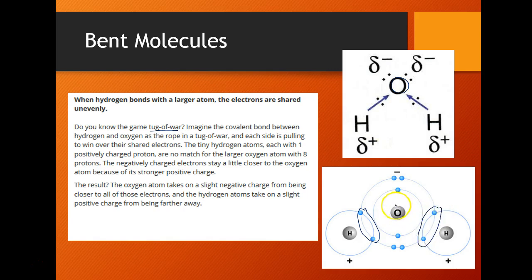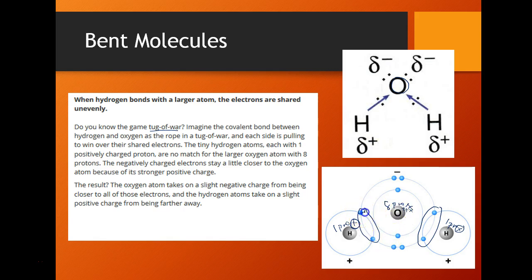Okay, hydrogen has one proton, and so it has a positive charge. Protons have positive charge and they have one of them each. Oxygen, on the other hand, has 8 protons in its nucleus, so it has a much stronger positive pull in its nucleus.